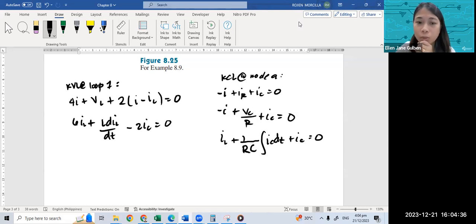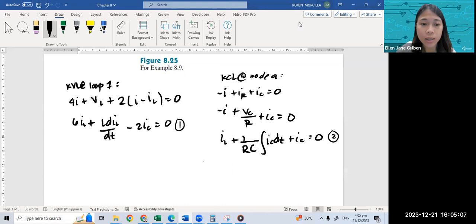So what we will do here is we will decide which I we're going to solve, no? So we can do IL or we can do IC. So it will depend on which side we are going to substitute. This is our equation 1, this is our equation 2.